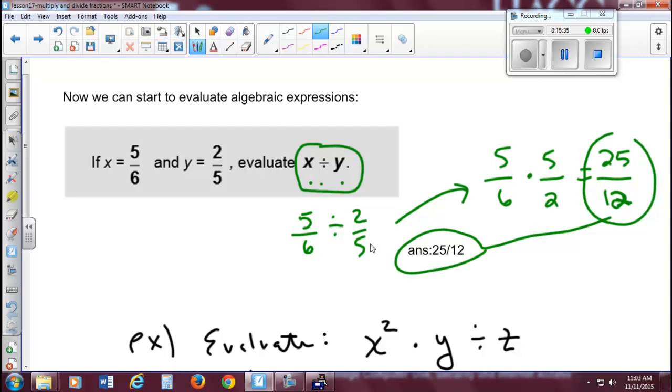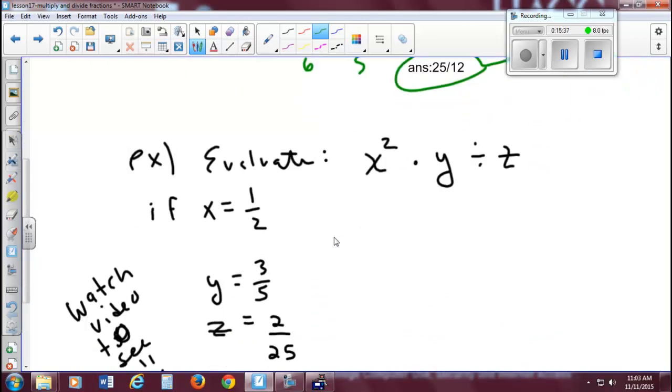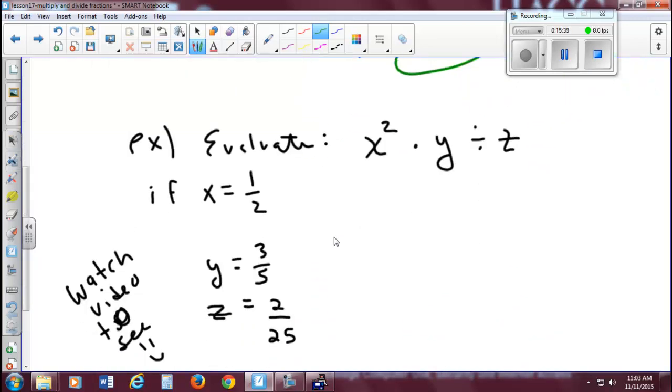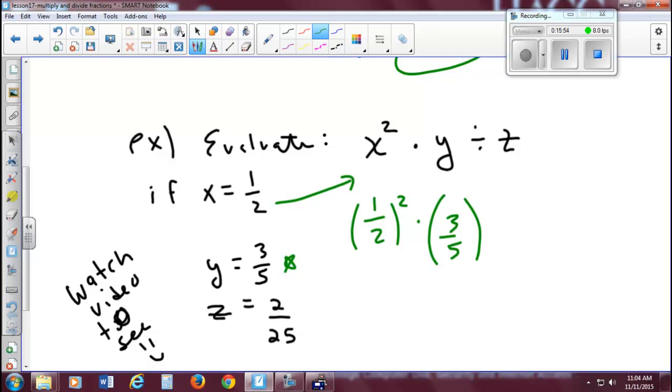So we're able to perform division. Now we can actually perform a lot of things. This is a good one. Maybe you want to hit pause and try this one on your own, but plug and chug. So now we have a half squared times your y guy, which is 3/5, plug and chug in 3/5, divided by 2/25.